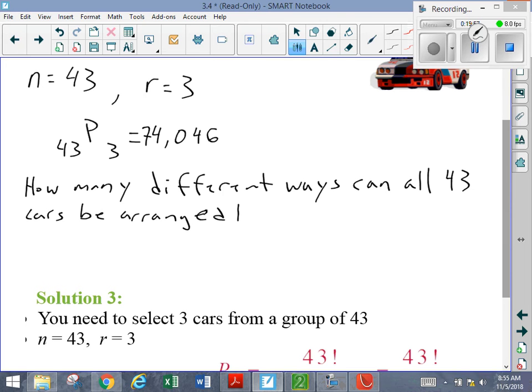Just out of curiosity, that is going to be 43 factorial. That's how we would find out the number of different ways of arranging all 43 cars. So let's actually check that out.